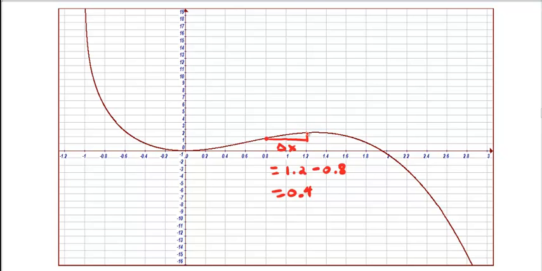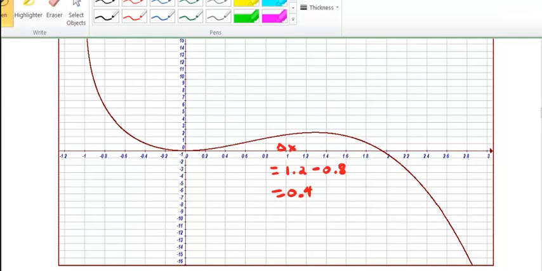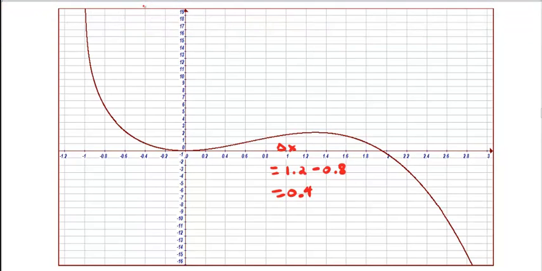You can do it by drawing it and estimating here, or I'm going to estimate it by trying to find the coordinates of those points. Let me get my marks out of the way so you can see a little bit better. We need to estimate the coordinates of those 2 points. So when x is 1.2, what's y?